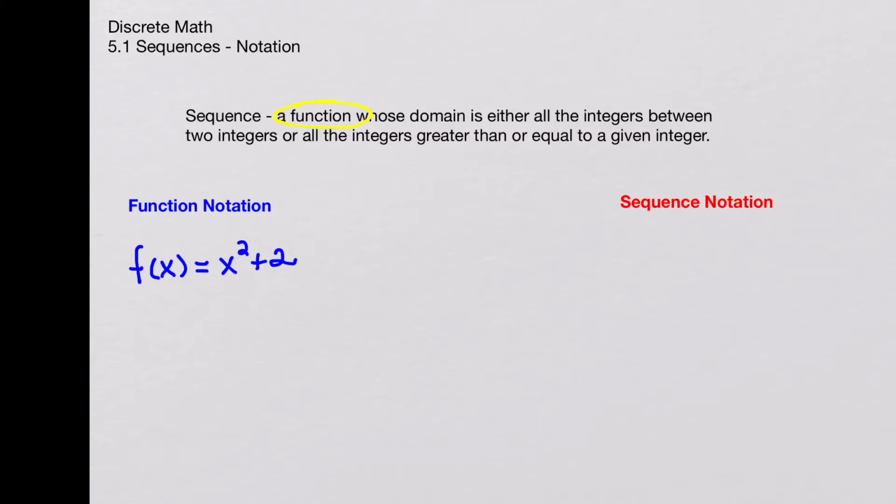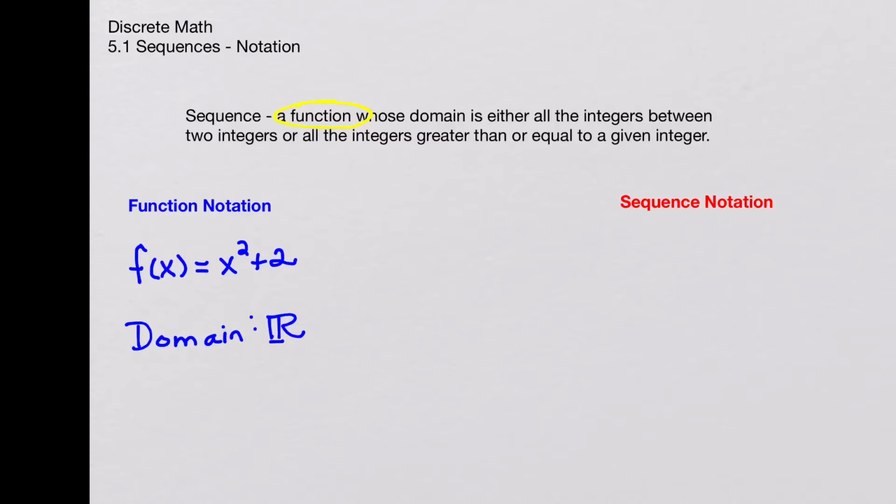Sometimes you're given a domain, sometimes they ask you what the domain is, assuming that there's no restrictions other than the values that you're allowed to plug in for x. So in this case, we might say that the domain is the set of all real numbers.